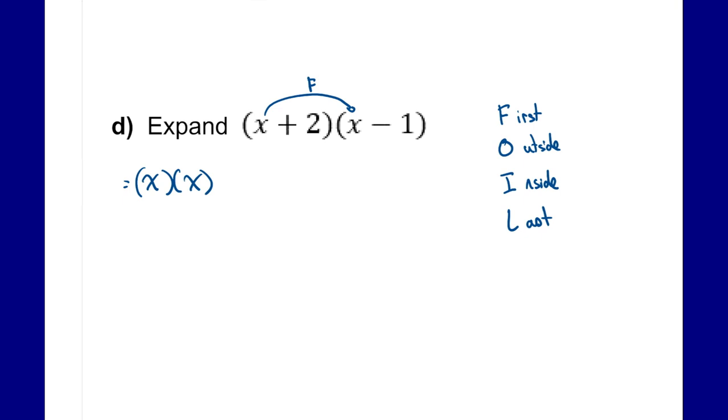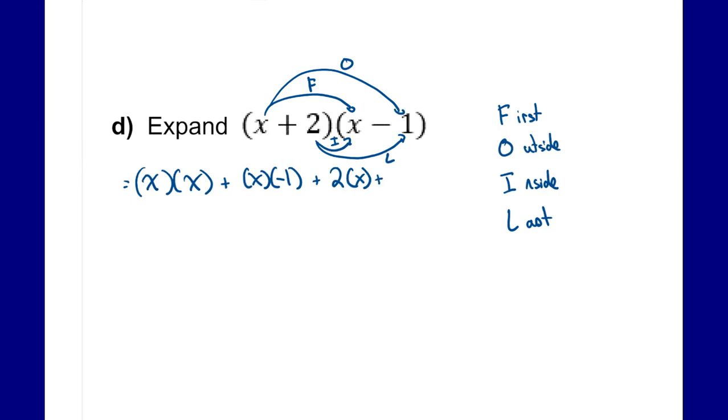O means outside, so we're going to multiply the outside two terms. The outside two terms are x and minus 1. So we're going to add plus x times negative 1. I means inside, so the inside two terms. So we're going to add 2 times x. And then L means the last two terms.